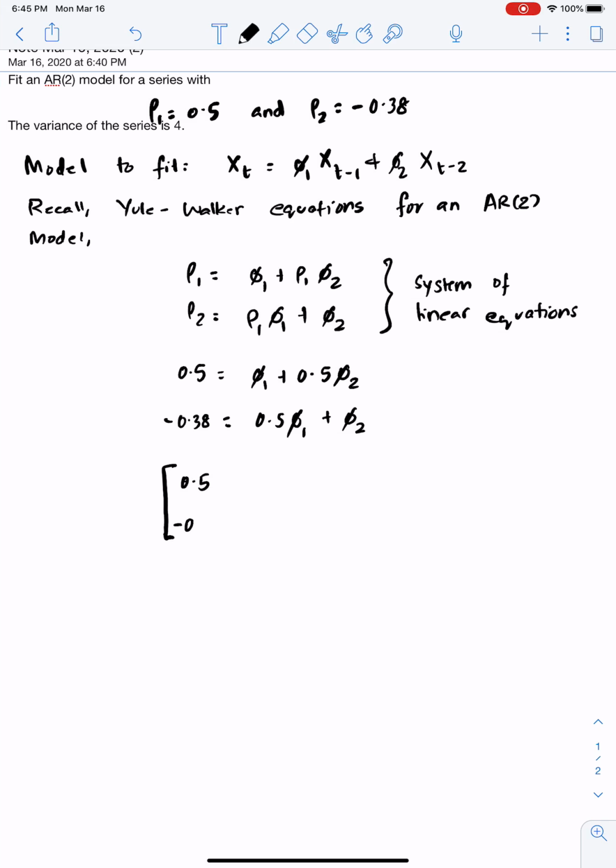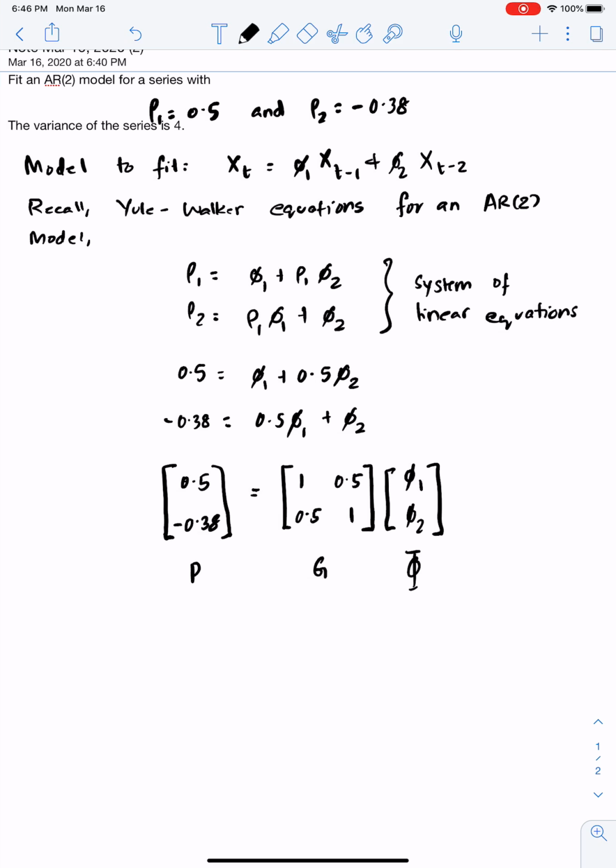So in terms of matrices or vectors, I could write the left hand side as 0.5 and negative 0.38 equals the matrix 1, 0.5 and 0.5, 1 multiplied by phi1 and phi2. We'll call the vector on the left hand side P, this matrix G, and that phi.